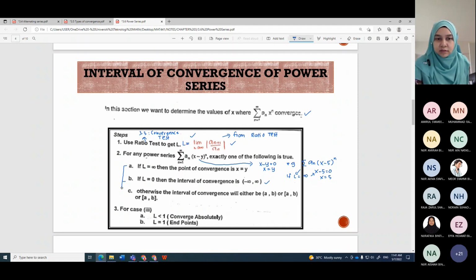Then C. Otherwise, normally L less than 1.